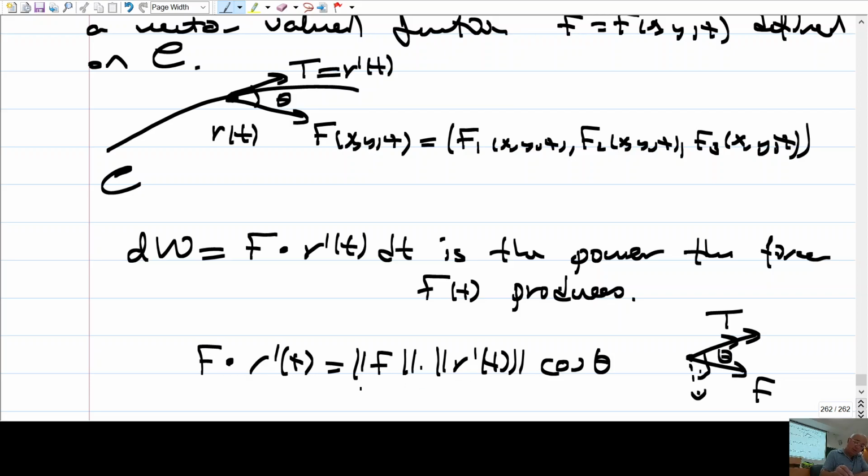And this gadget is just the component of the force parallel to the tangent vector or to the rod. Therefore, this is just the work done during the time dt, right? The work done during a time interval is just the power, right?